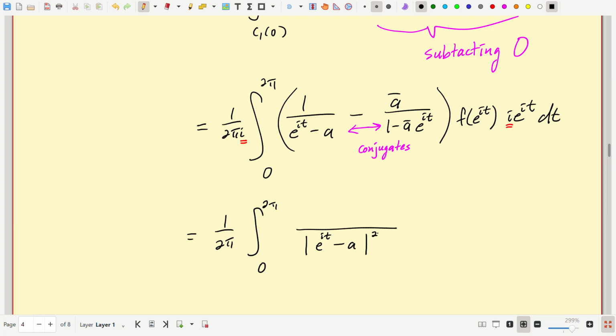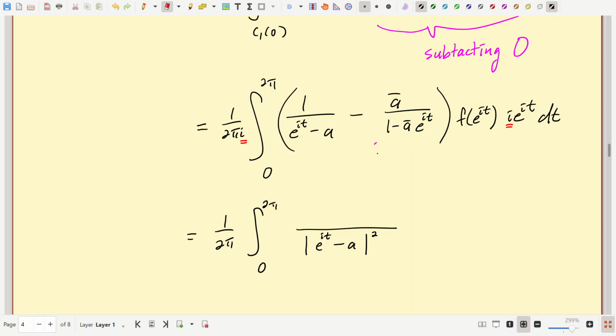Are those conjugates of each other? Well, yes, they are, because, let's see, e to the minus it times e to the it. You just do it. Let's see, when I multiply.